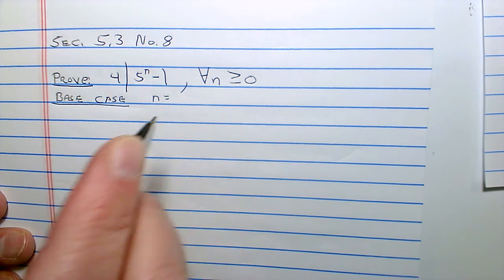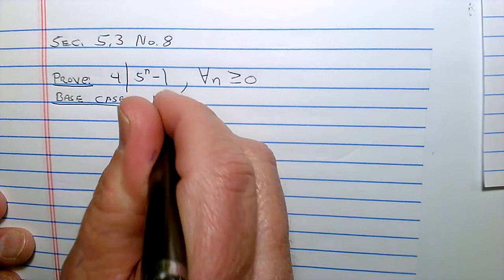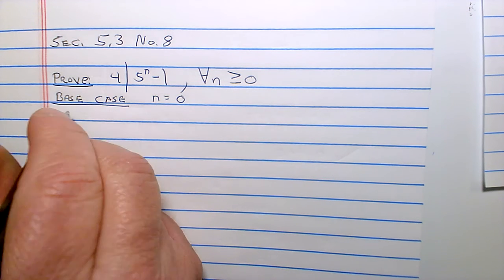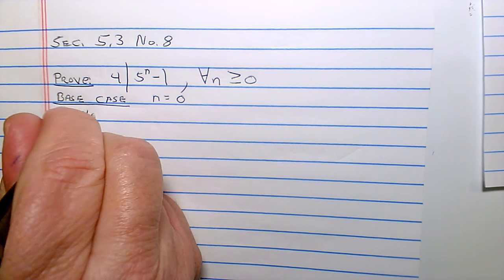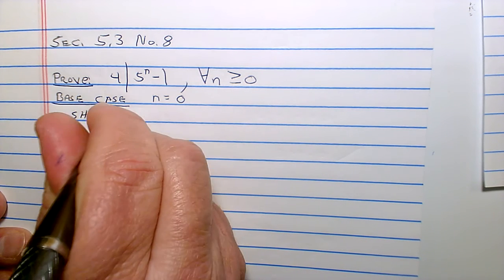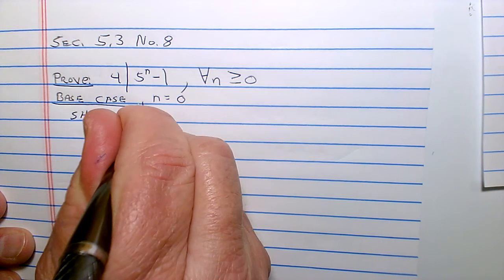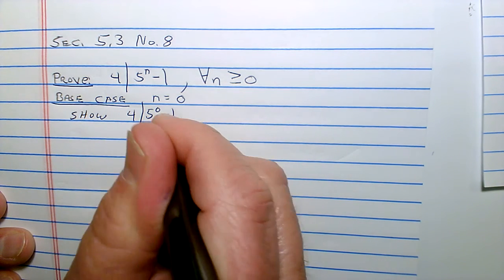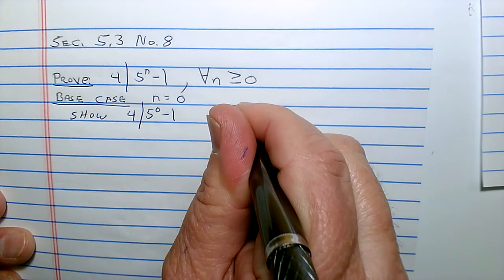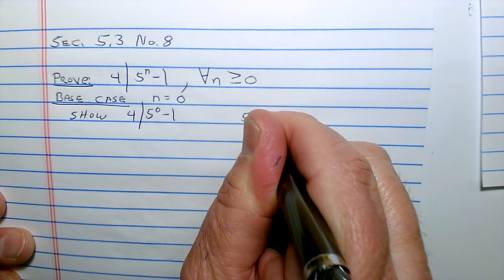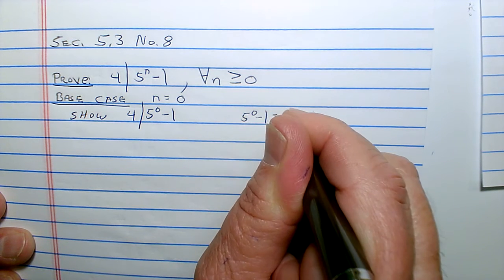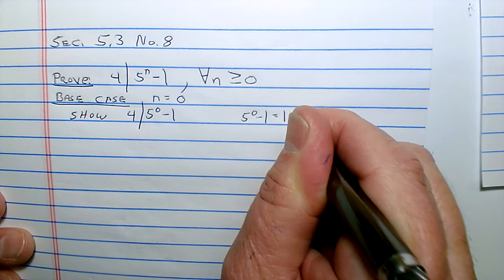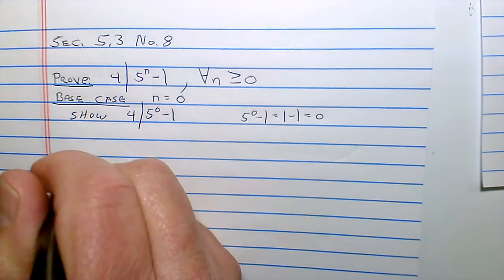Our base case for this, of course, is when n is 0. So what we need to do is show that 4 divides 5 to the 0 minus 1. Now, what does 5 to the 0 minus 1 mean? Well, 5 to the 0 is 1, minus 1, and 1 minus 1 is 0.